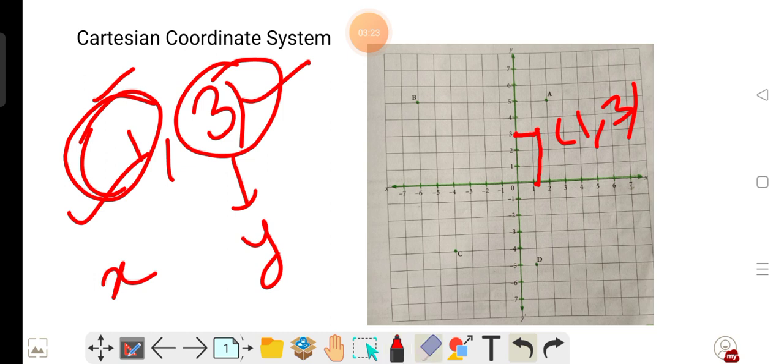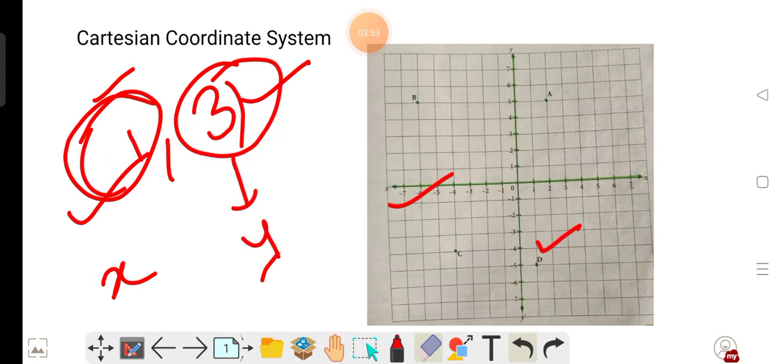Okay. Now look at this. As you see, there are negative numbers and there are also positive numbers. In a Cartesian plane, you will find both negative and positive numbers. The lines which are perpendicular to each other divide the Cartesian plane into 4 segments and these segments are known as quadrants.